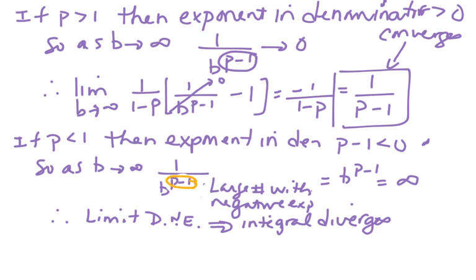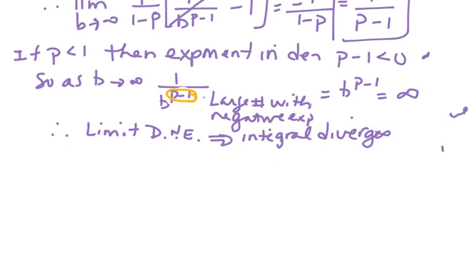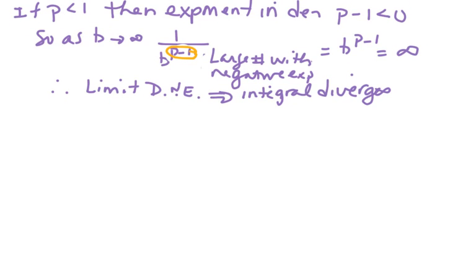Okay, so that's your second case. Let's look at our third case. What happens if p is equal to 1? Then p minus 1 is equal to 0.